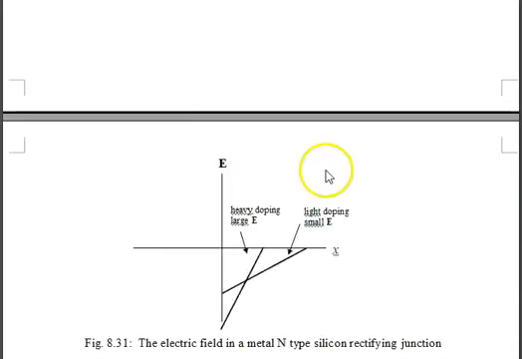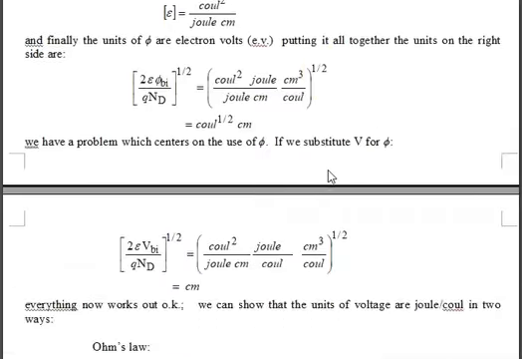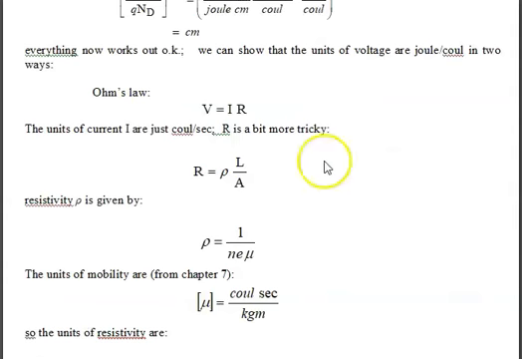And I'm going to show, because I think it's so interesting and relatively important, that the units of volts are joules per coulomb. And hopefully it'll not be too difficult. Okay, so the units of current on the right side are just coulombs per second.